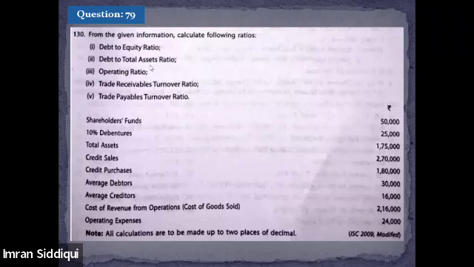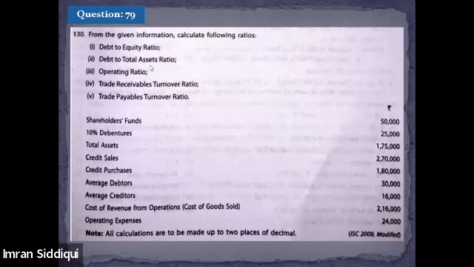So net credit sales is 2,70,000. And the average trade receivable is what? 15,000. How did you get 15,000?